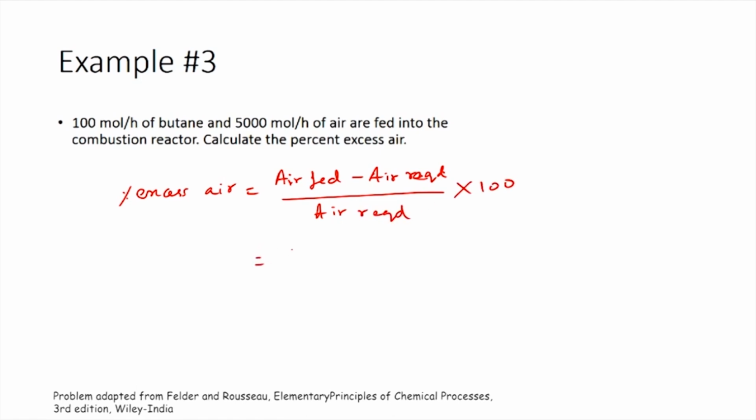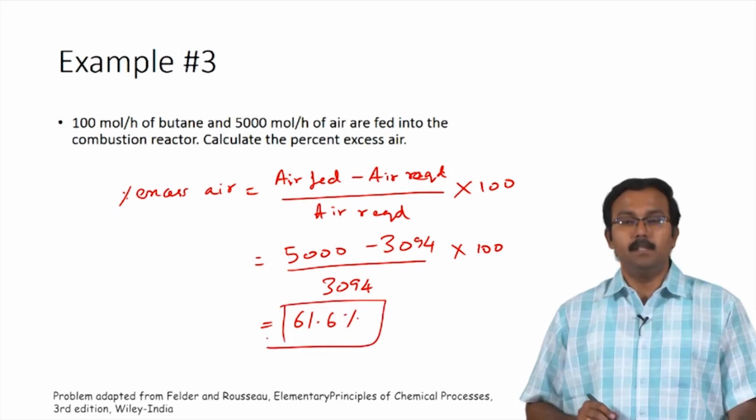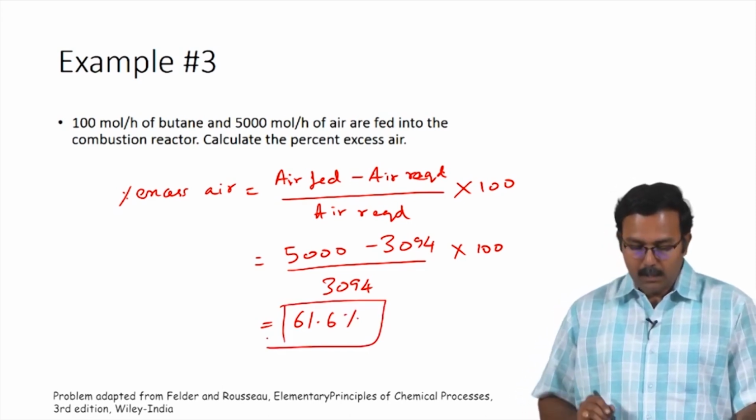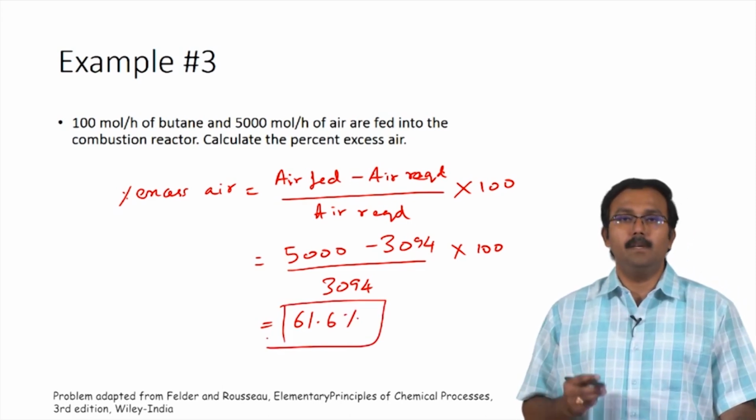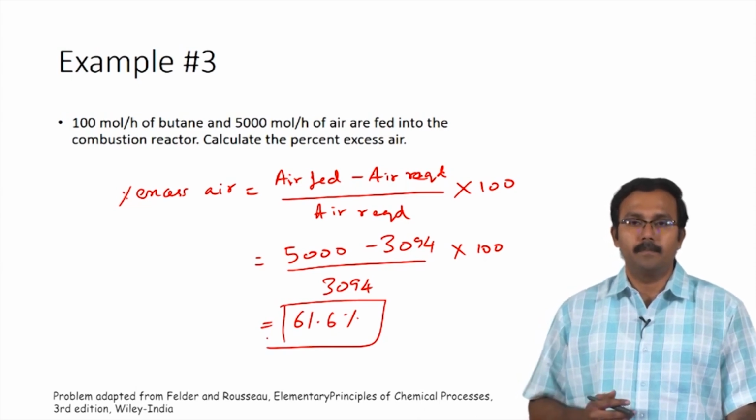So, this would mean 5000 moles which is actually fed per hour minus 3094 moles which is required per hour, divided by 3094 moles that is required, times 100, giving you a percentage excess of 61.6%. So, with this we would have calculated the percentage excess air that is being supplied to the system.